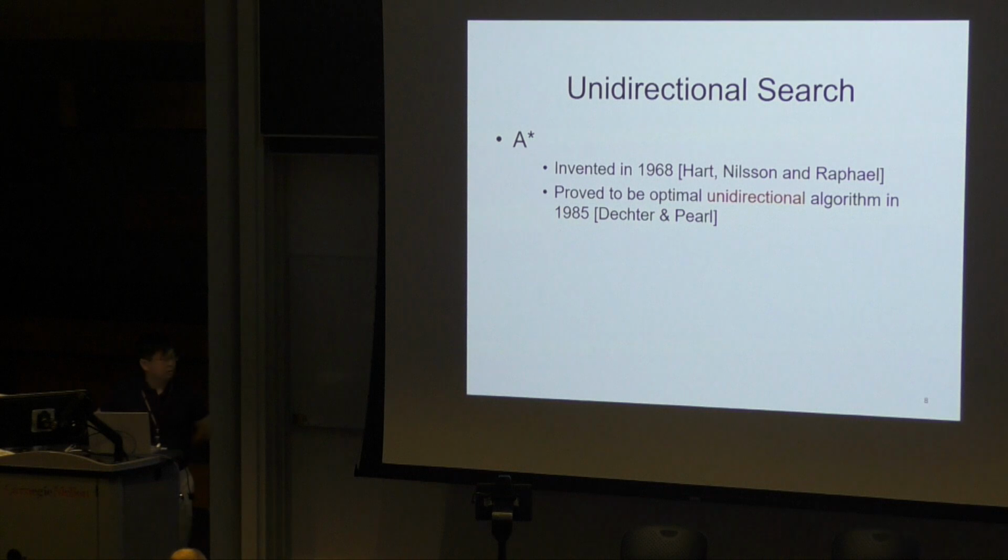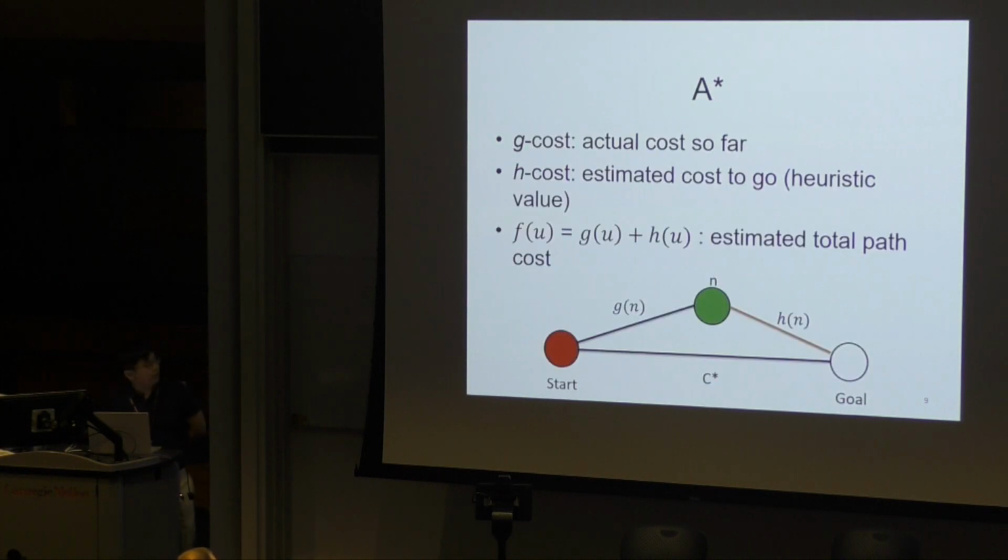For unidirectional search, we have a very good algorithm, A star, which was invented in 1968 and proved to be optimal in 1985. A star uses f cost to guide the search. f cost is the sum of g cost and h cost. g cost is the current cost, and h cost is the estimated remaining cost.